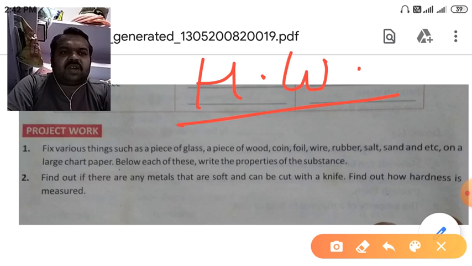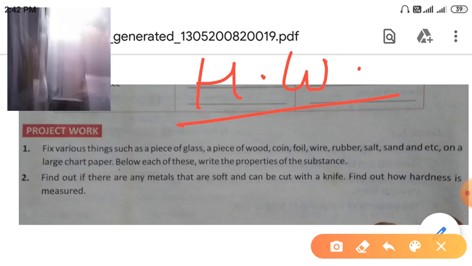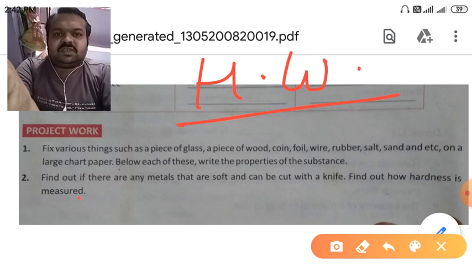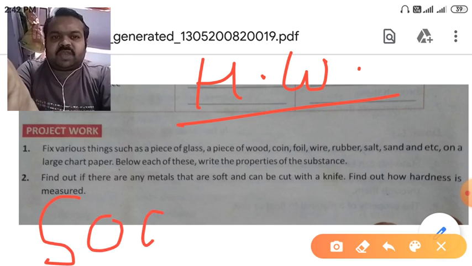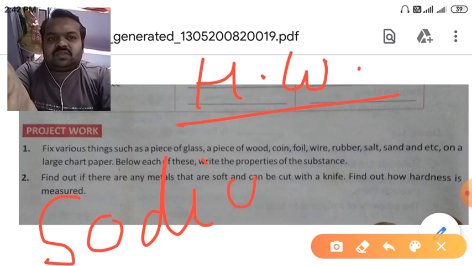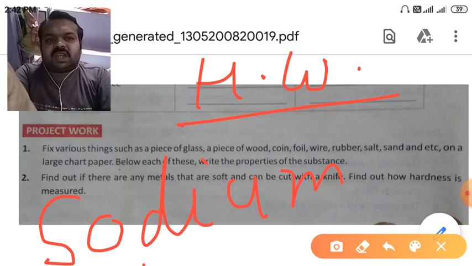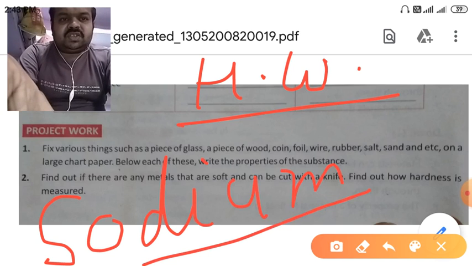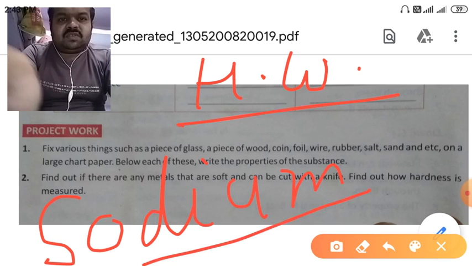Find out how hardness is measured. So I'm telling you that sodium is this type of metal. Sodium is a soft metal which you can cut with a knife.